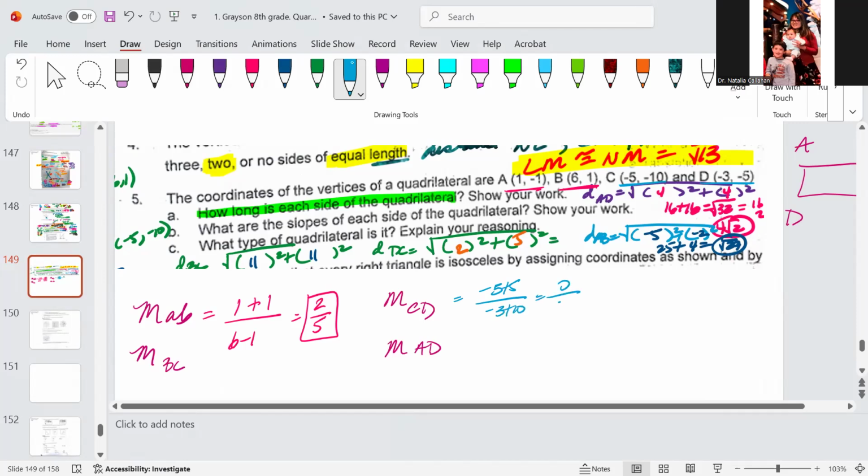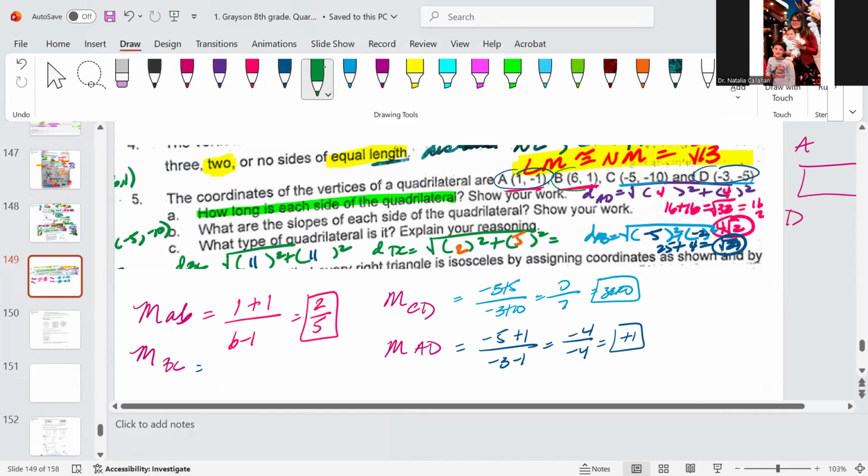So it's 0 over 7, which is 0. Okay? AD is this one with this one. So negative 5 plus 1 over negative 3 minus 1. So it's negative 4 over negative 4, which is positive 1.